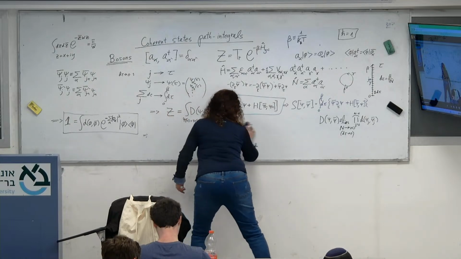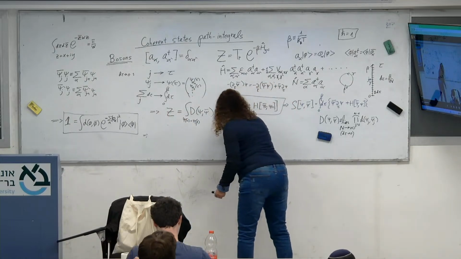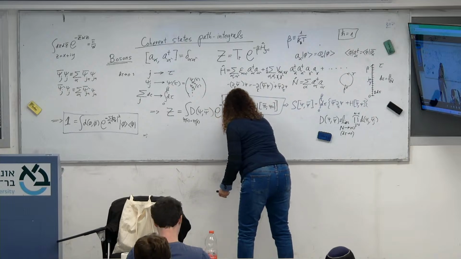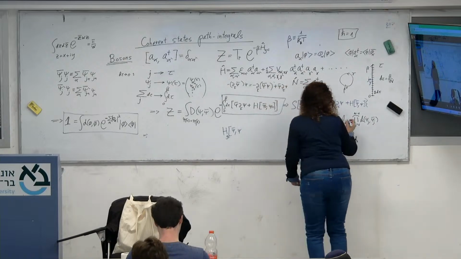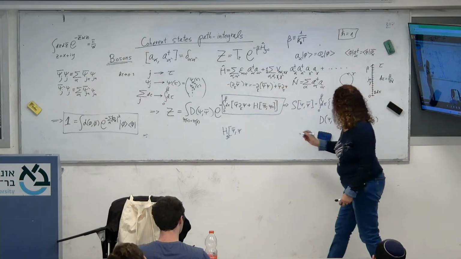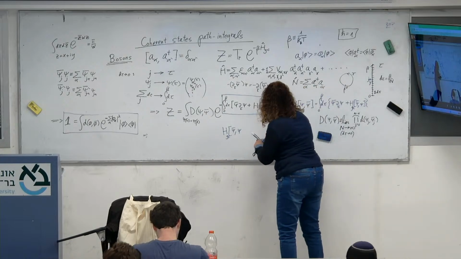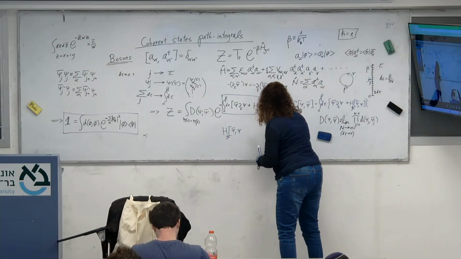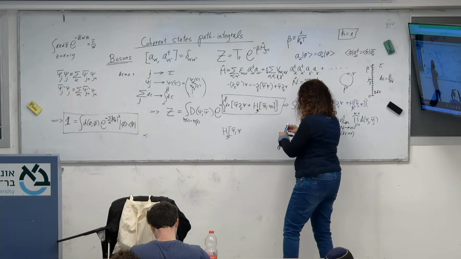Okay, so I can write down h of psi. Actually, it's h grand canonical. Right, it also includes the minus mu n. Okay, I was a bit uncareful here. So what is this?